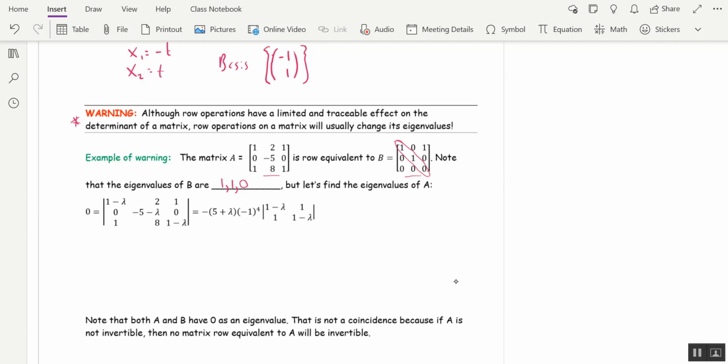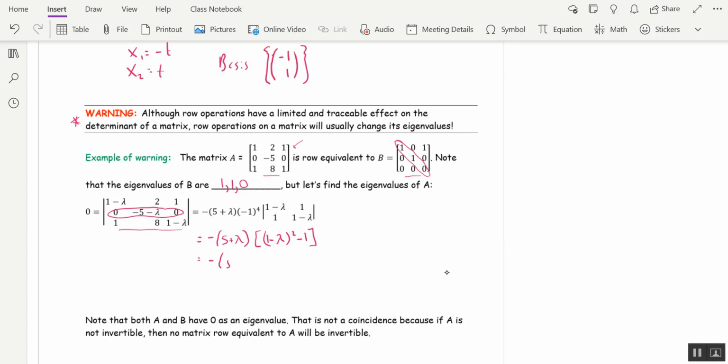So to find the eigenvalues of A in its unreduced form, I compute the determinant of A minus lambda I, which I have here, and I set it equal to 0. And I started us out, I'm doing cofactor expansion on the middle row. And so that's equal to negative 5 plus lambda, and then I get 1 minus lambda quantity squared minus 1. Let's expand that out.